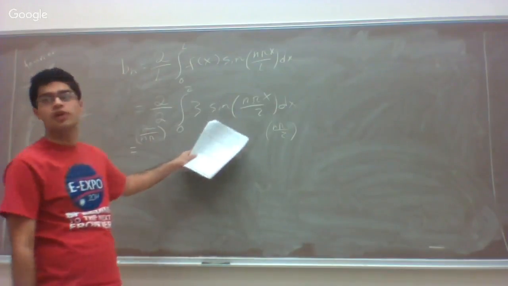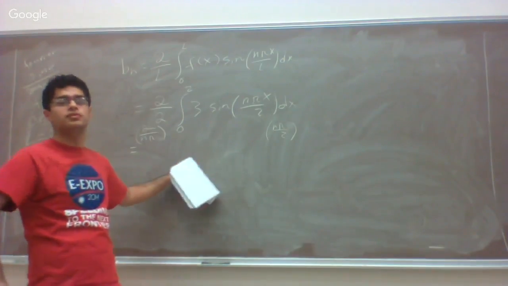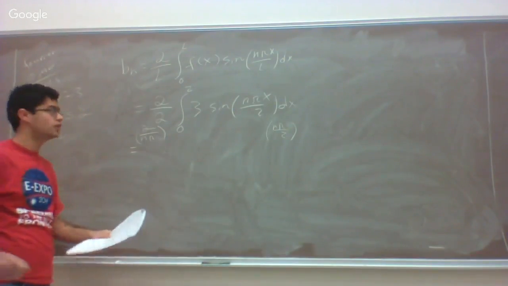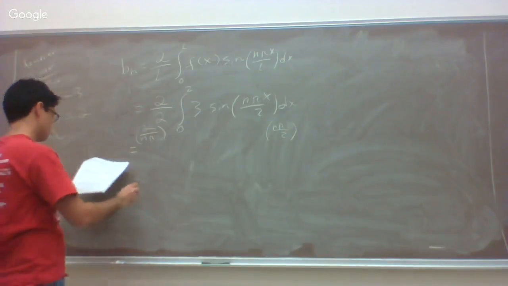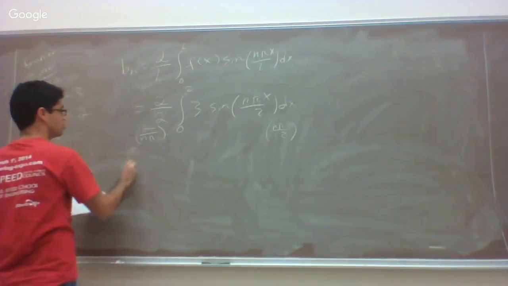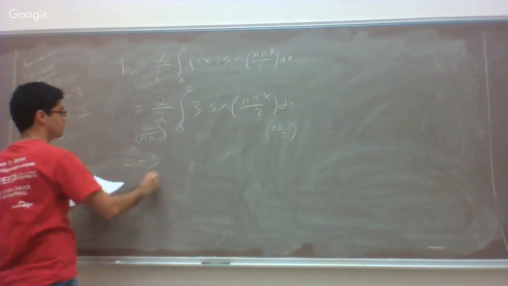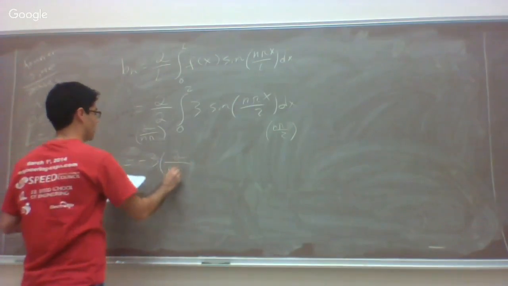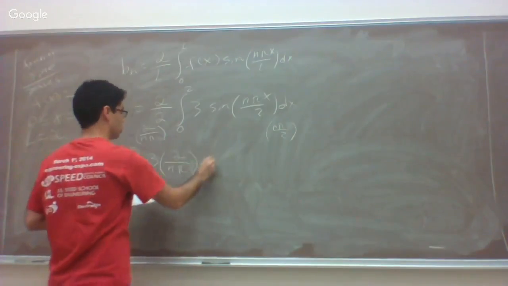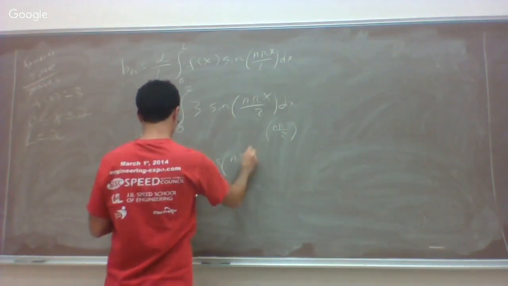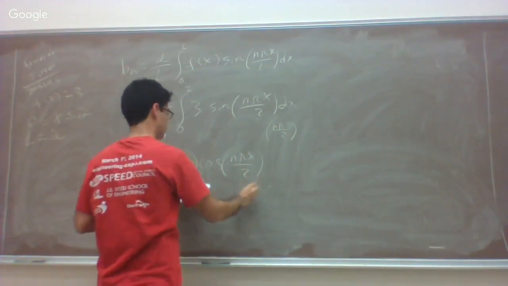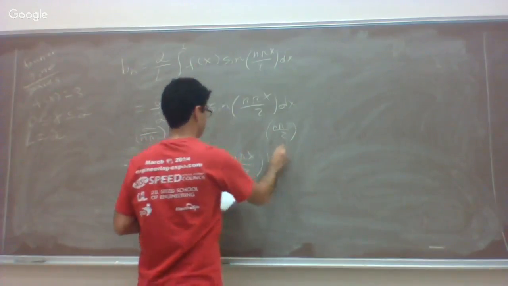And what is the integral of sine? Negative cosine. So this is equal to negative 3 times 2 over n pi times cosine of n pi x over 2, going from 0 to 2.